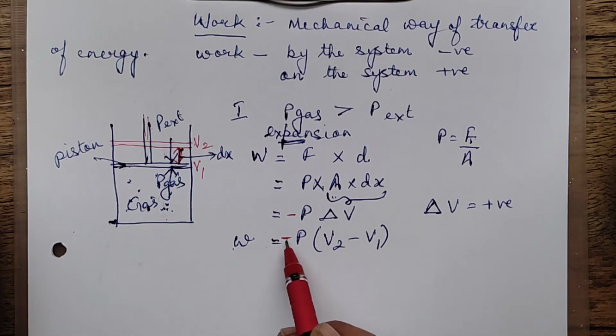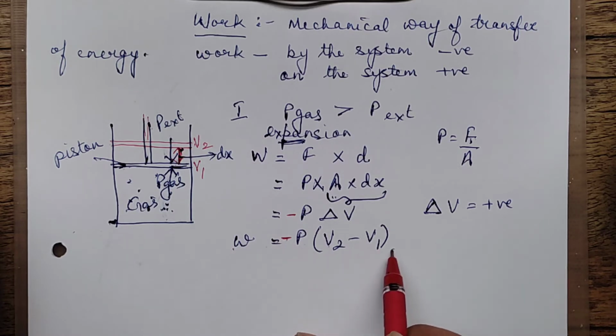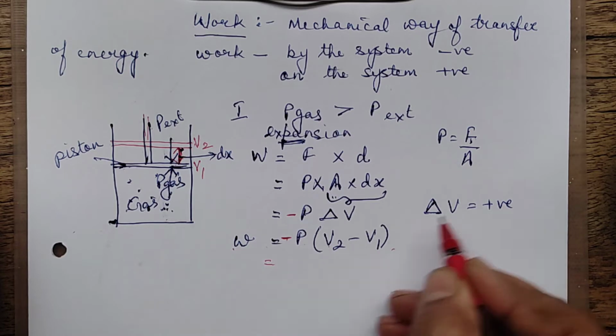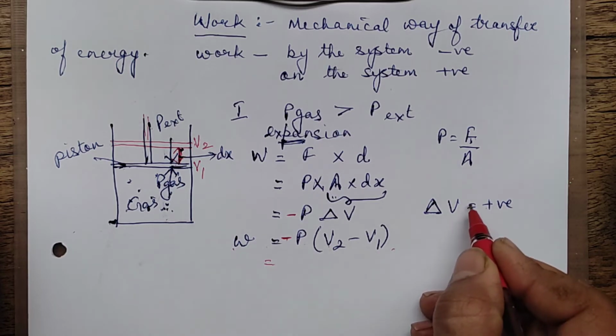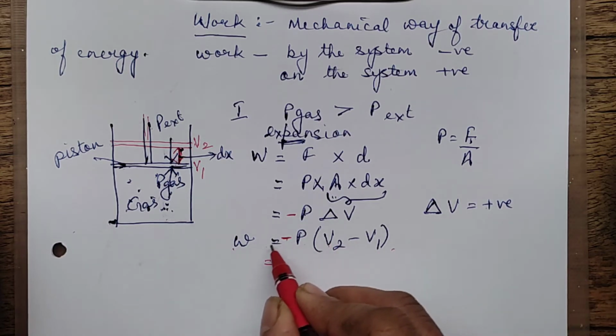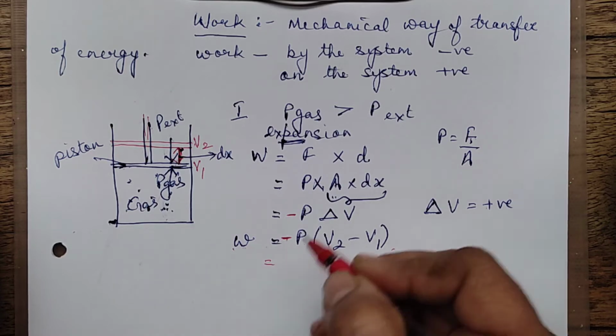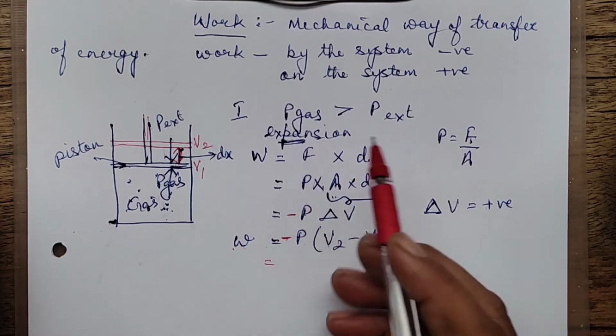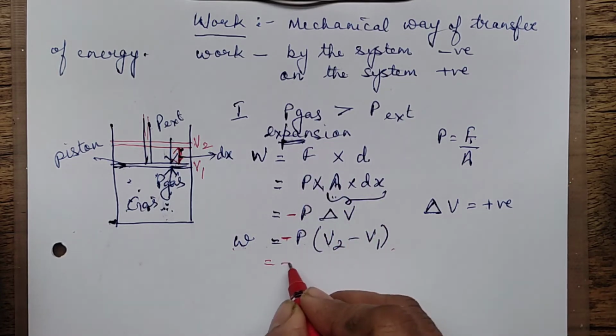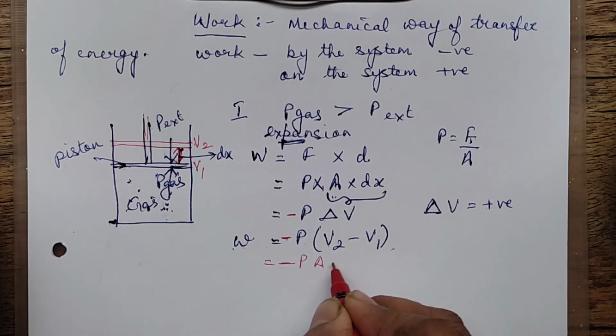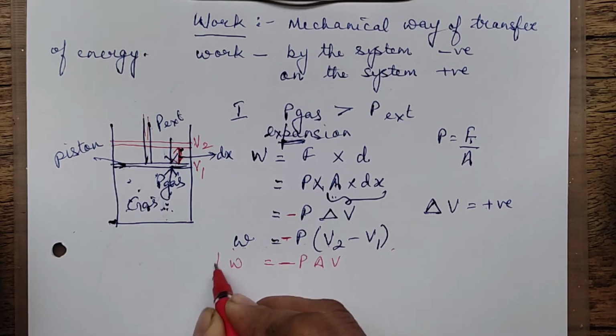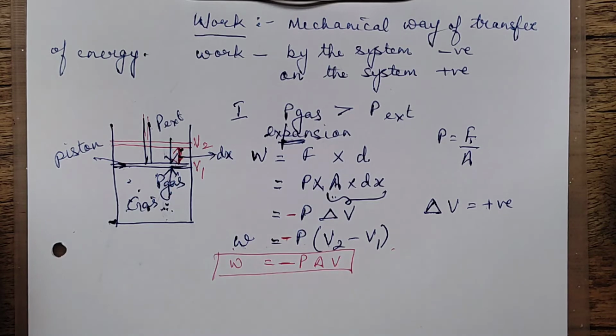Work is equal to minus P delta V. Now you can put the value here. This is positive. That means the overall work done by the system in expansion will be negative. This will be minus P delta V. So work done will be negative in the case of the expansion. Clear?